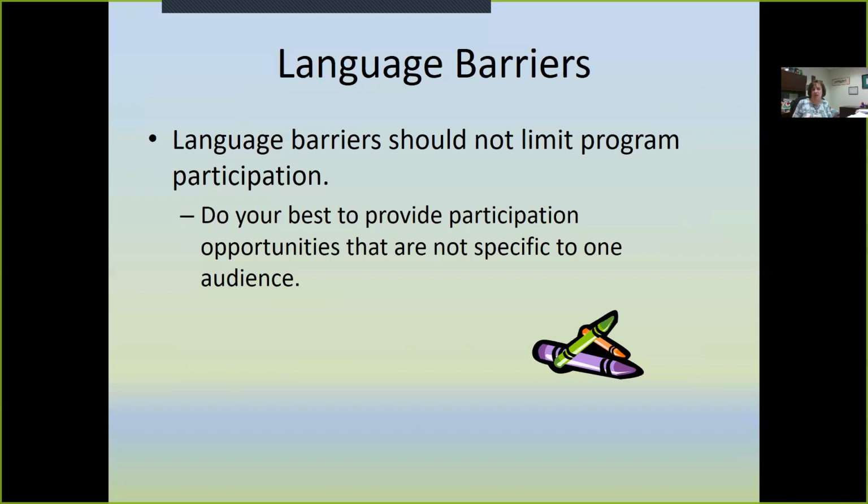Right now I'm really pushing Extension to try to get some certified Spanish translators that work just for Extension, because we have so much that needs to be translated. Whether that happens, I don't know. But we have ways of getting things translated if you do need specific documents translated. It's not cheap and it's not super easy, but we can work with you to do that.